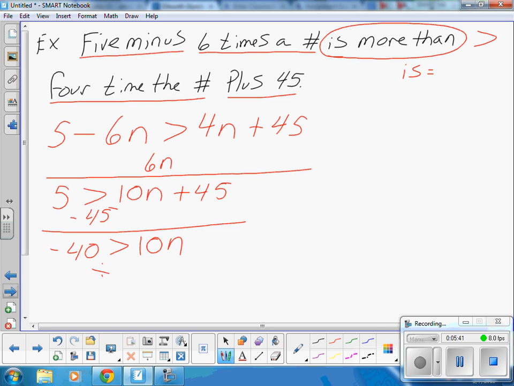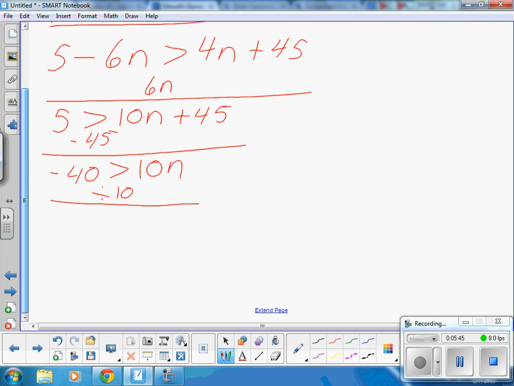Divide both sides by a positive 10. When I divide by a positive 10, that's going to give me a negative 4 greater than n. I'm going to rewrite this n less than negative 4. That would be the solution.